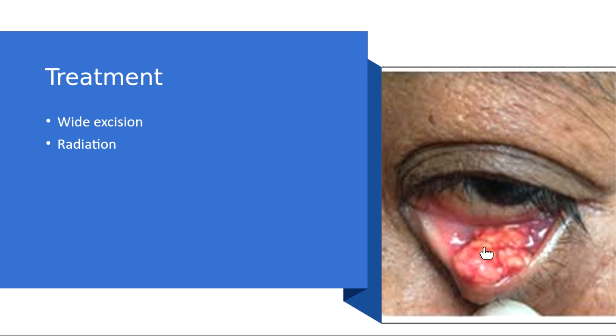So right here, someone could think it's a large chalazion. But if you see this, you would definitely have to have a high level of suspicion. So you'd want to remove this and send it for histology, and if this is so large, you may even have to do radiation.